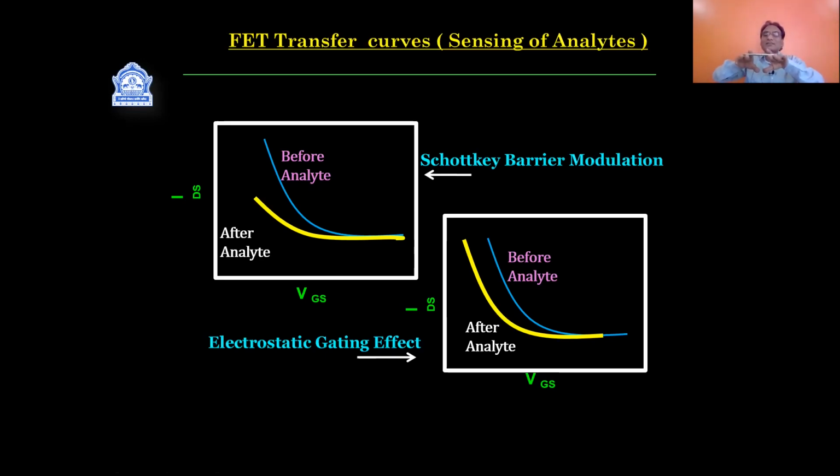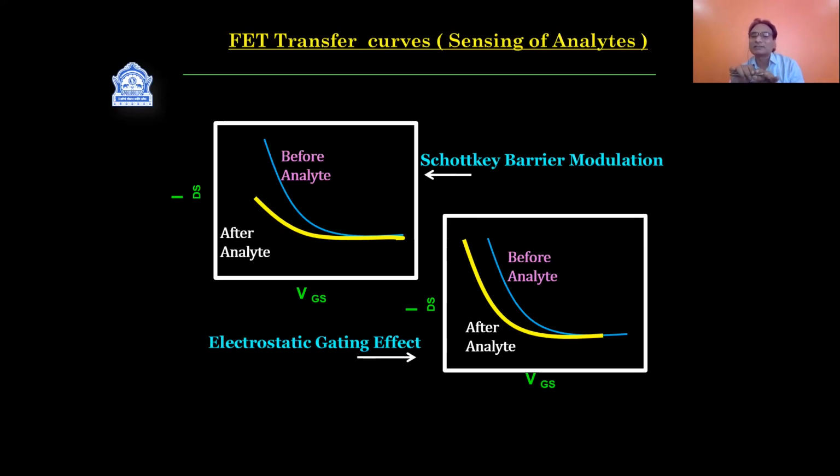So what happens is, whenever we are aligning CNT across these two microelectrodes, the contact is many times not that good. Whenever you expose this structure to gas analyte, because of the flow of gas, there would be modulation in the contact resistance.